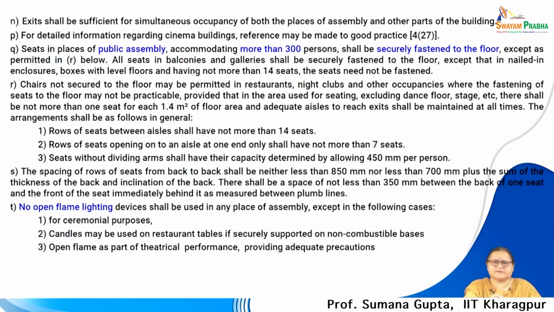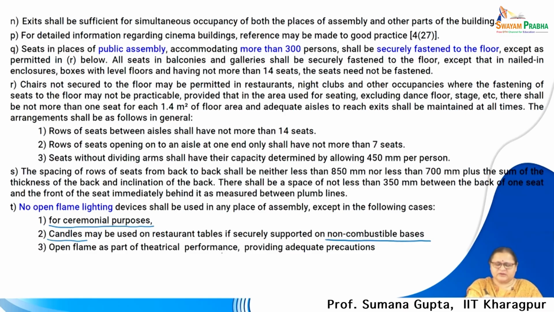So, candles may be used on restaurant tables, but they are to be on a non-combustible base. So, you see, for ceremonial purposes we have the lighting of the lamp, which may be an open fire. In case of restaurants it can be candles, but it should be on a non-combustible base.